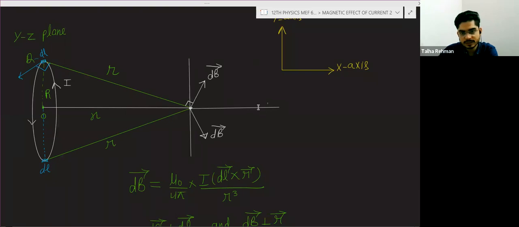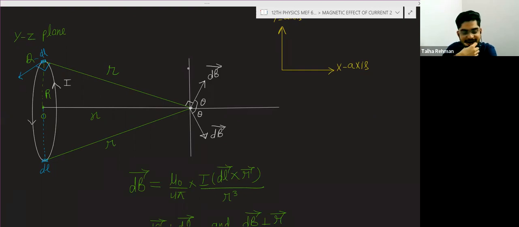So this is the x-axis. The axis of the coil is the x-axis and perpendicular to this axis is the y-axis. So suppose this dB is making an angle theta. So this dB will also make an angle theta.